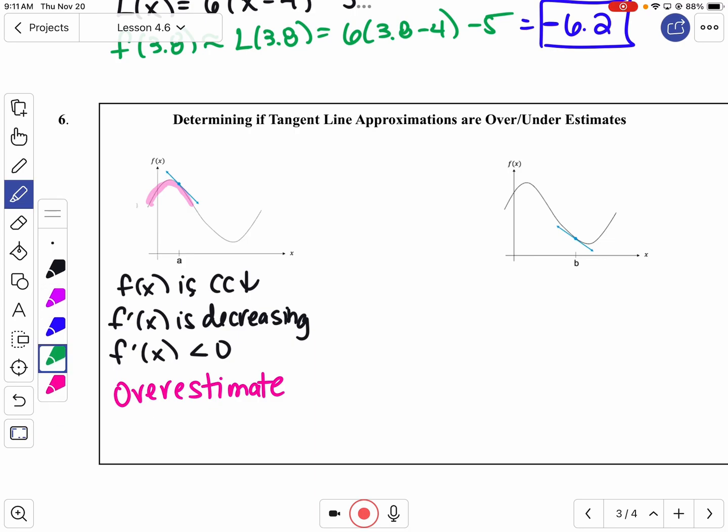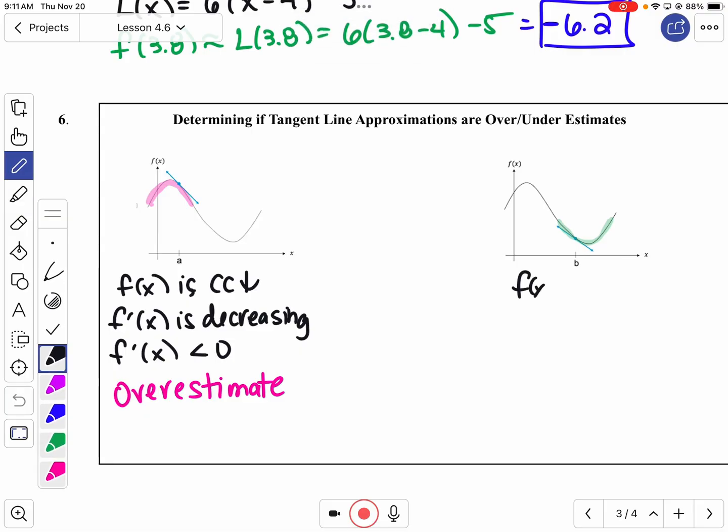If we look at the second one, how would you describe this one's concavity at point B? It's concave up, okay? So don't write with a highlighter.